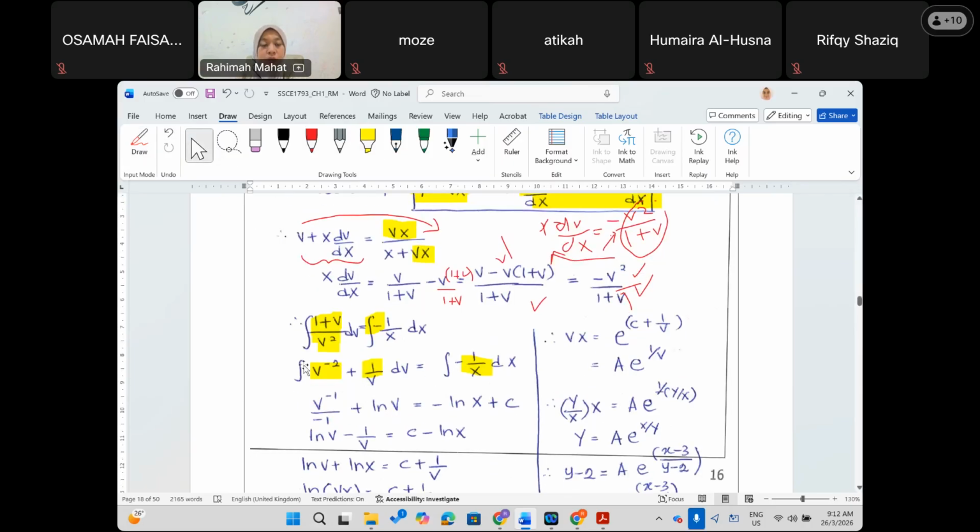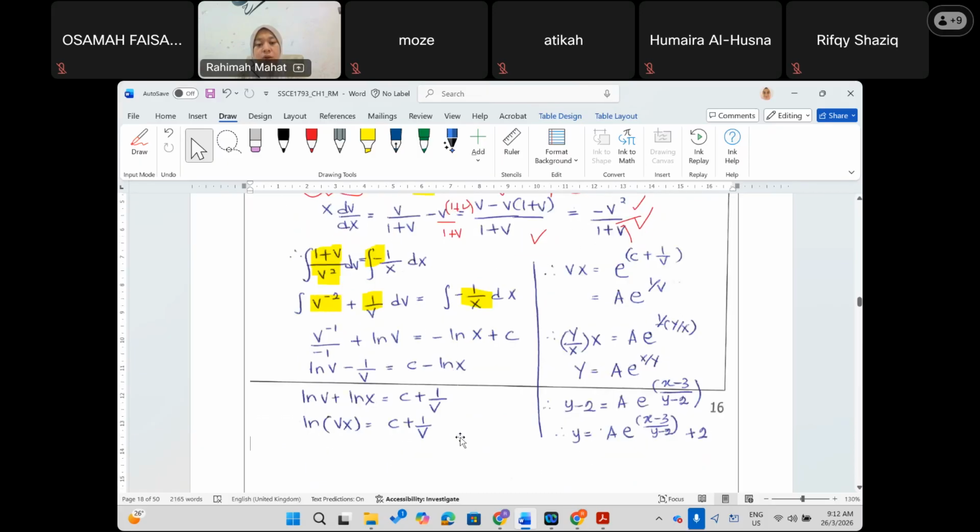Okay, so you do the integration, you will get v to the negative 1 over negative 1 plus ln v minus ln x over c. And you simplify, you just rearrange the terms. You write ln v minus 1 over v equal to c minus ln x.